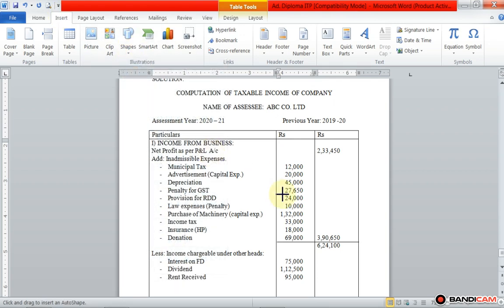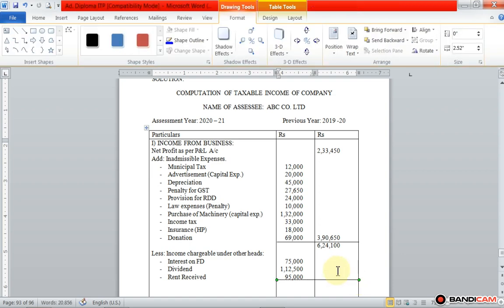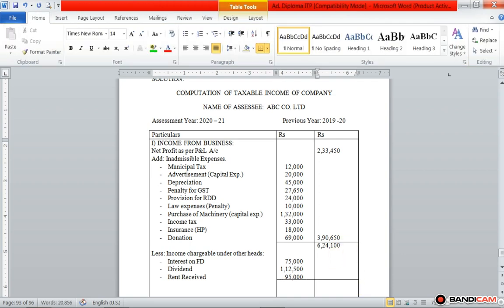Make the total of the inner column and deduct the amount from net profit. So here total is equal to 75,000 plus 1,12,500 plus 95,000. The total is 2,82,500.